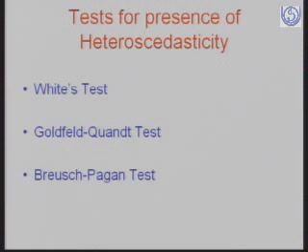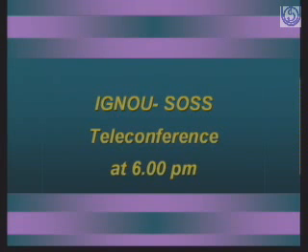And there is a third one, the Breusch-Pagan test, suggested by Breusch and Pagan. So these test procedures are named according to the econometricians who suggested them. These are the three methods that we have discussed. Okay, so by taking these things into account, you can find out the method.